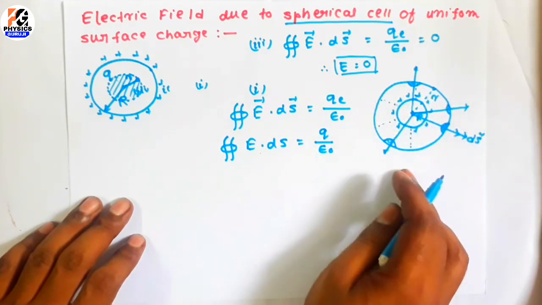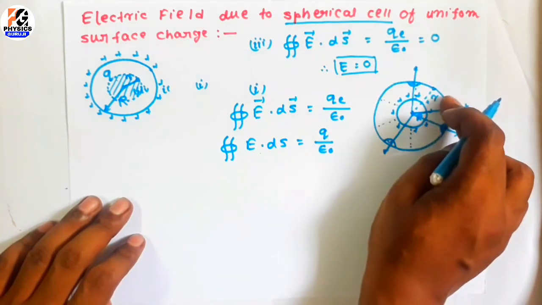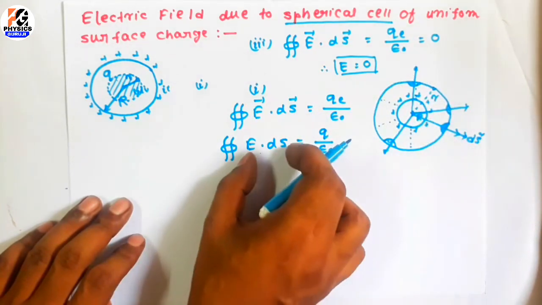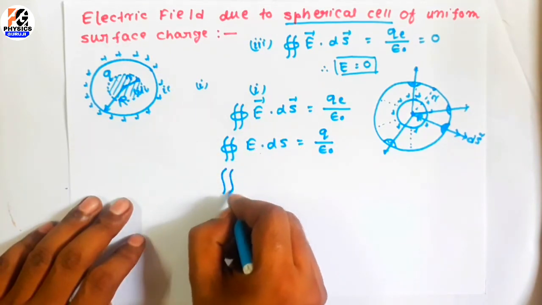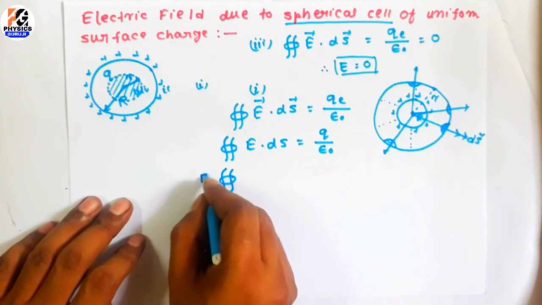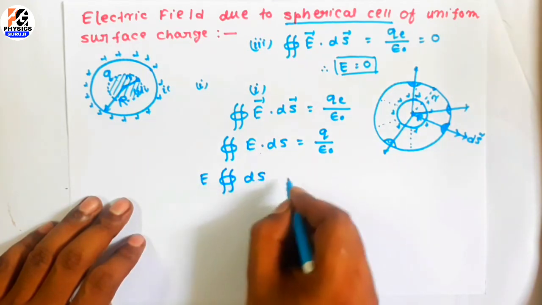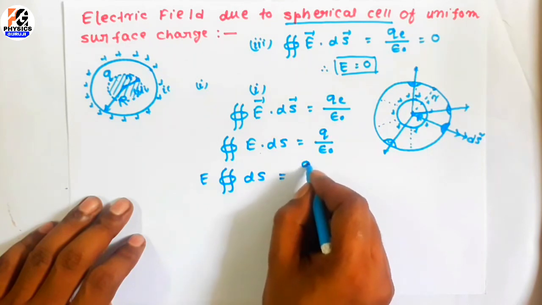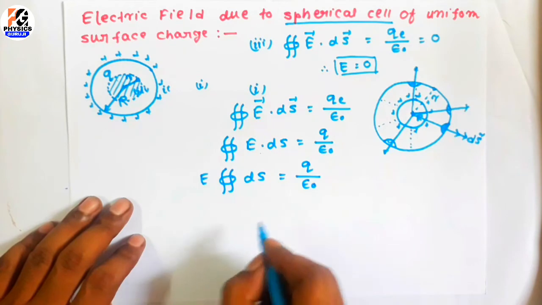So here we can see that the electric field all over the surface is uniform, so it will come outside the integration because it is a constant. So the integration becomes E times the surface integral of dS equal to q by epsilon 0.